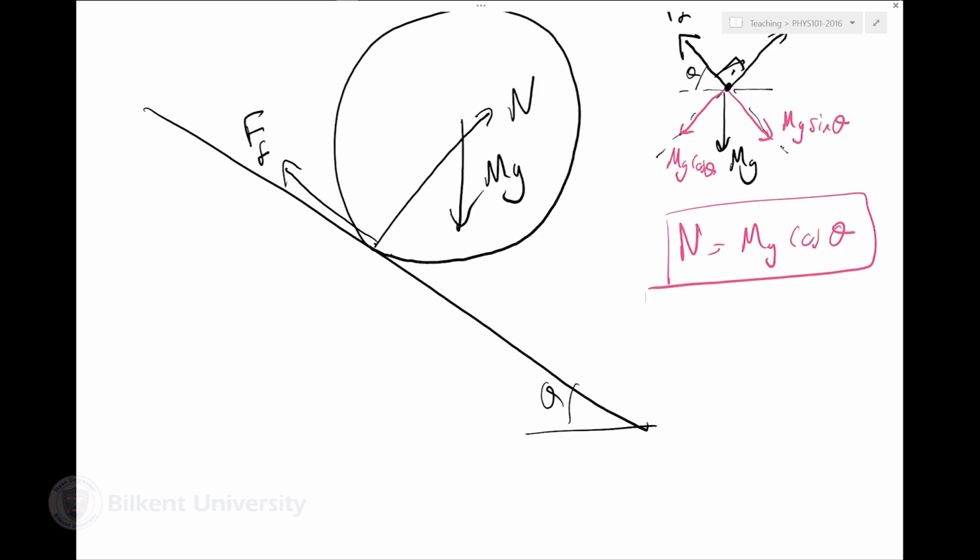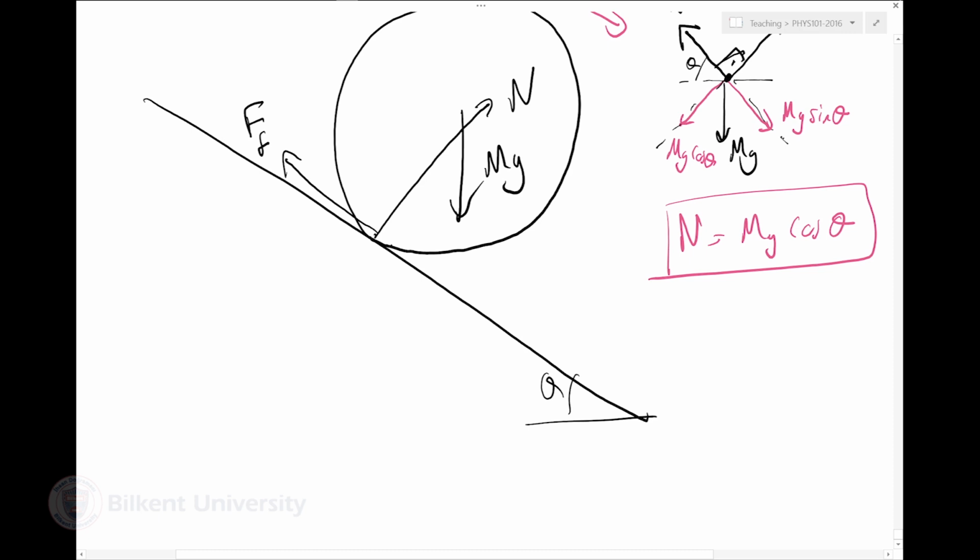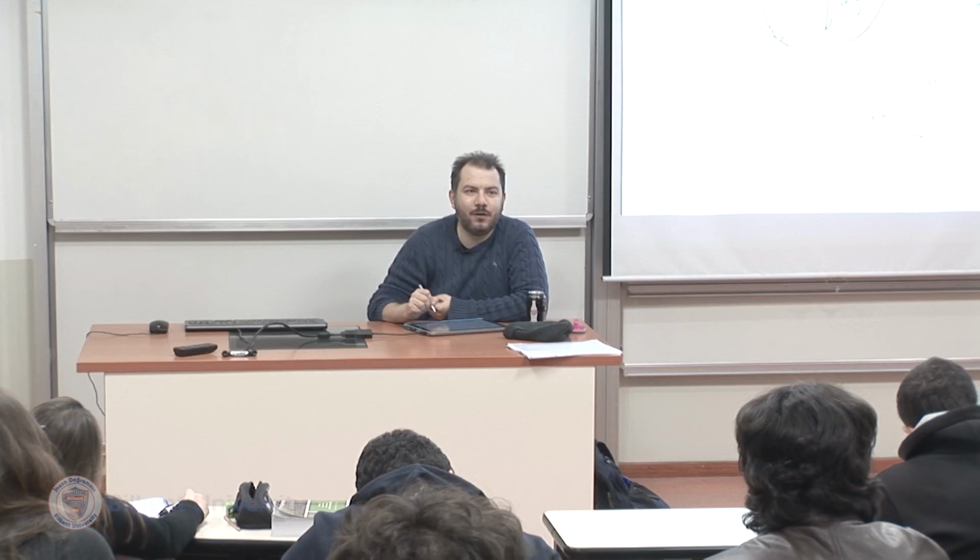If I find an acceleration a down the incline, m times a is mg sine theta minus F friction, right? That's my second equation. But now I don't know a or F friction. I need one more equation.